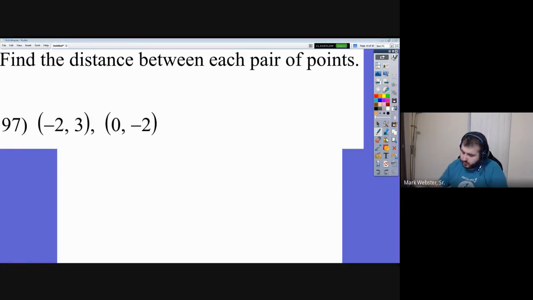Okay, so with this one, again, we're going to do change in x squared plus change in y squared. And, well, from -2 to 0, that's a distance of 2. From 3 to -2, that's a distance of -5.